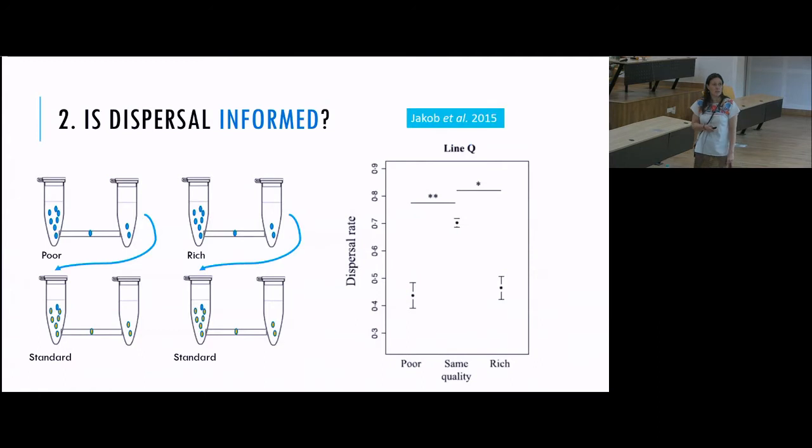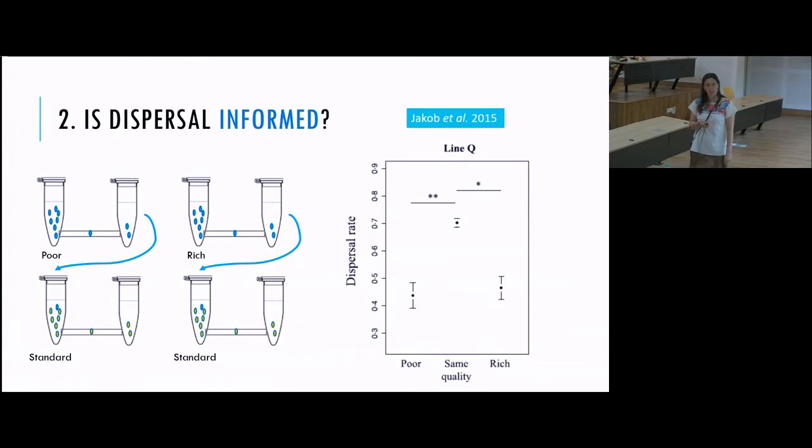So for instance, they had individuals that had dispersed from a poor environment into some empty tube, and some individuals that had dispersed from a rich environment into some empty tube, and when you introduce these immigrants in a new population, you record how many of that population dispersed if the immigrants were coming from initially a poor environment or a rich environment.